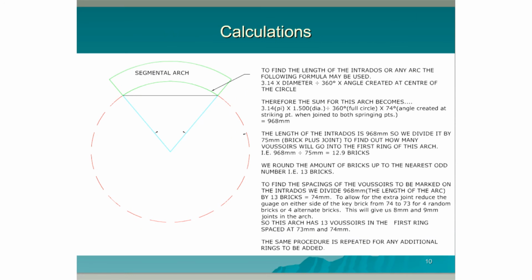Calculations. To find the length of the intradose or any arc, the following formula may be used. 3.14 multiplied by diameter divided by 360 multiplied by the angle created at the centre of the circle.